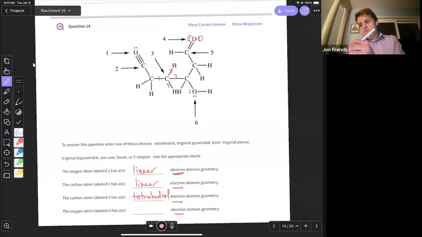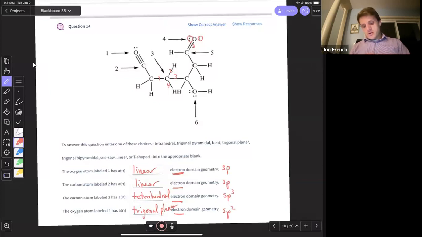So 1, 2, and then here's our 3rd domain, a double bond. So 3 domains is trigonal planar. We should also know the hybridization of those domains. So sp, tetrahedral, sp3, trigonal planar, sp2.